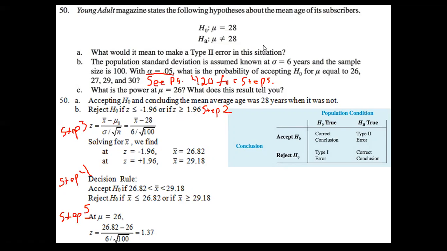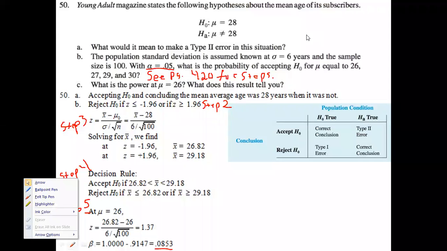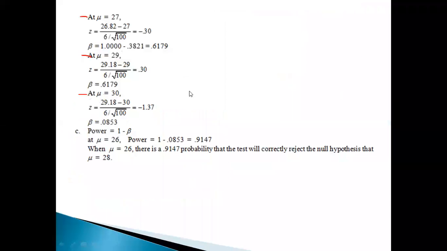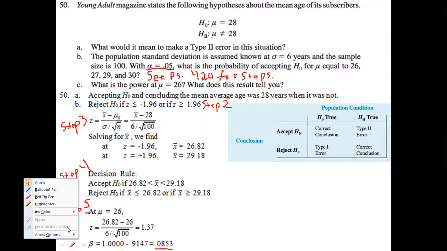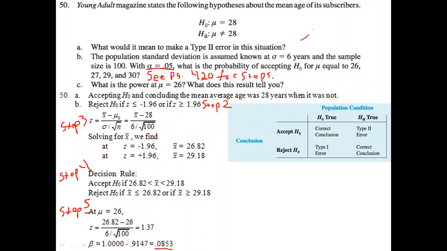So we want it to be outside of the range. Let me draw a picture. We have negative 1.96 over here and positive 1.96 over here. If it's less than that, we reject it, or if it's greater than that, we reject it.